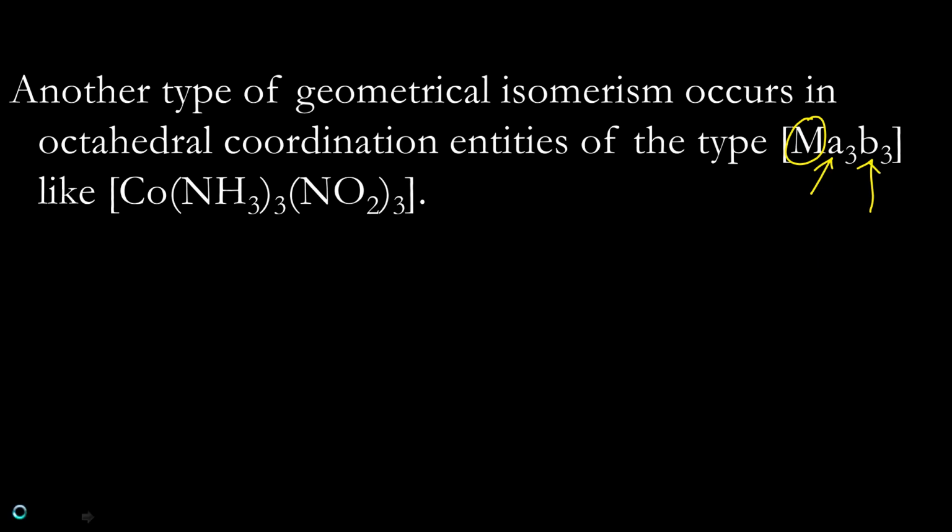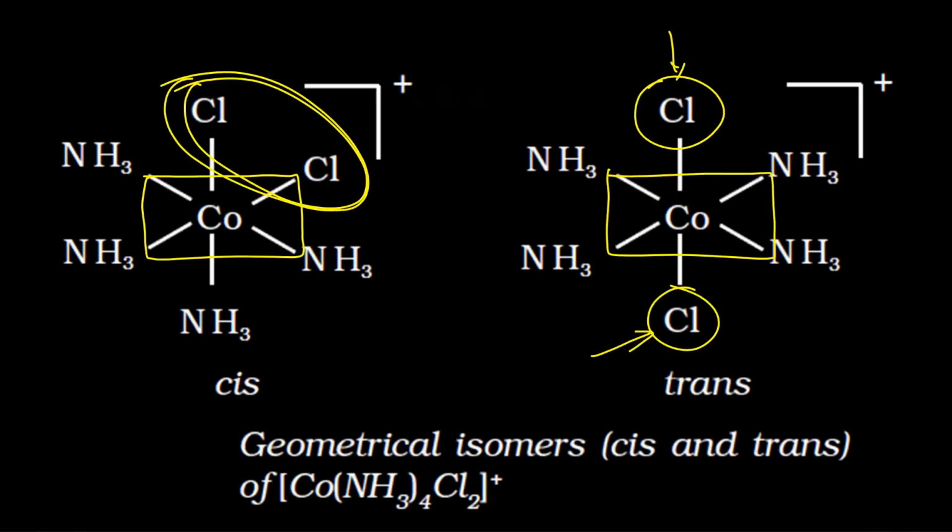Remember in the previous case, it was of Ma2B4 type, chlorine 2, ammonia 4. If it is Ma2B4 type, total 6 ligands, coordination number 6, the type of geometrical isomerism will be cis and trans. This question is asked.